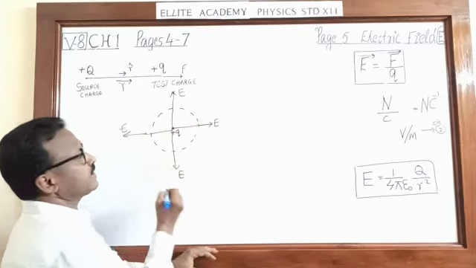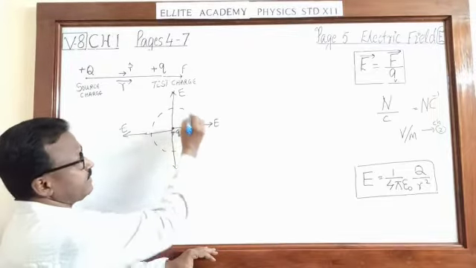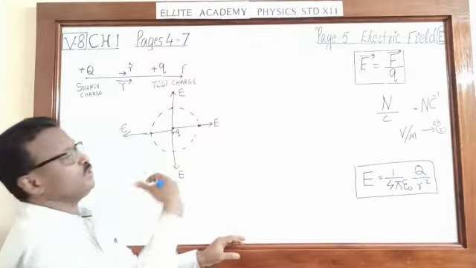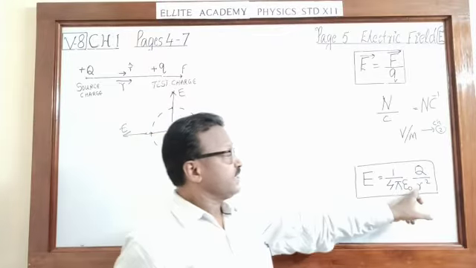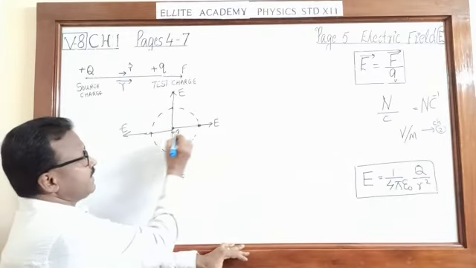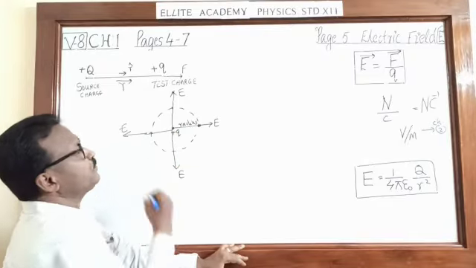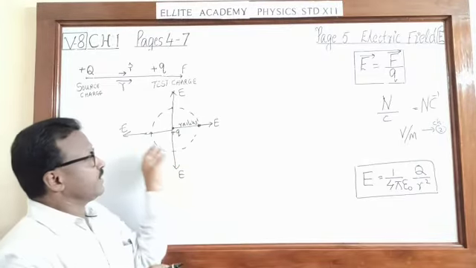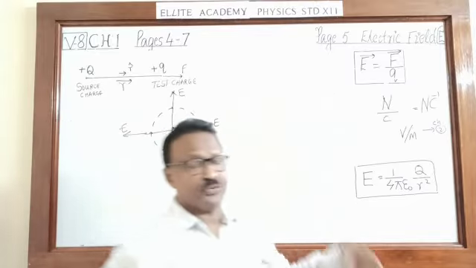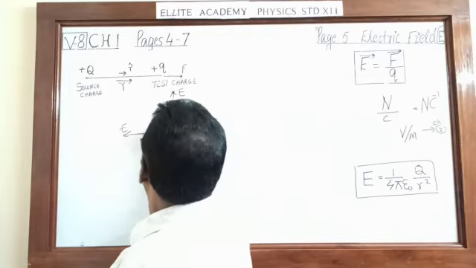The radius is going to be the same for the circle, so the electric field at this point, this point, and this point will be the same, because the distance is the same and the charge is the same. I use the language: for a positive charge, the electric field is acting along the radius outwards.